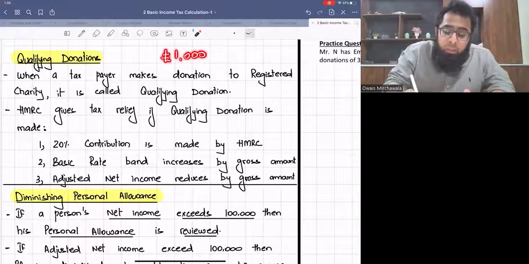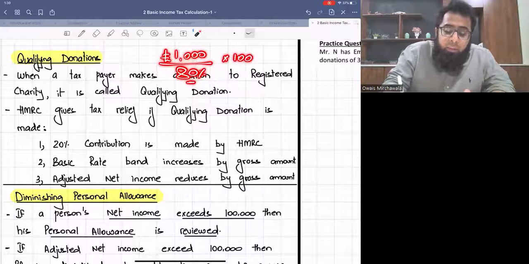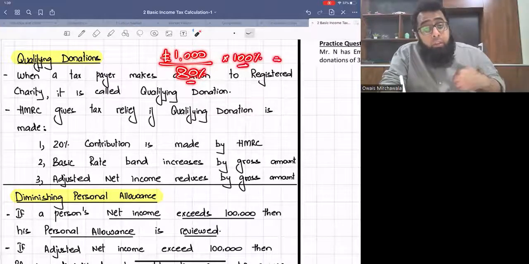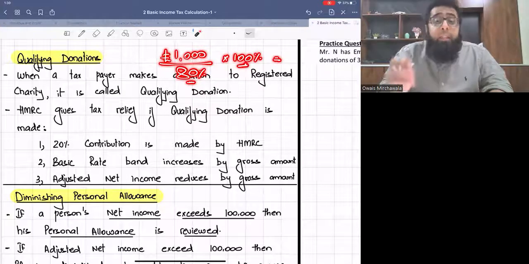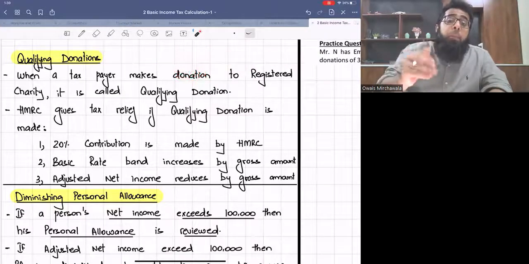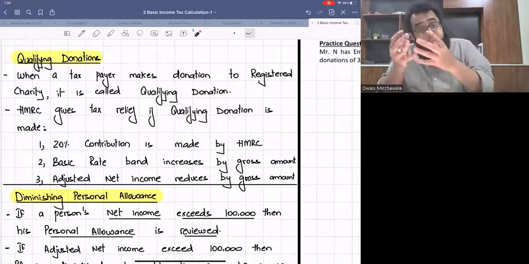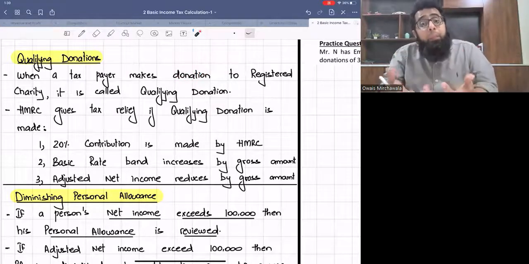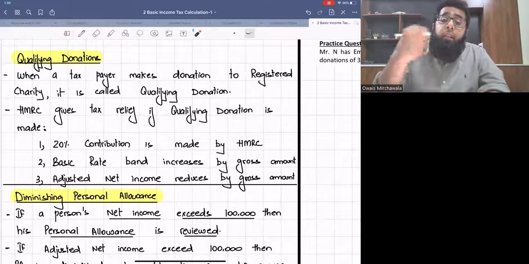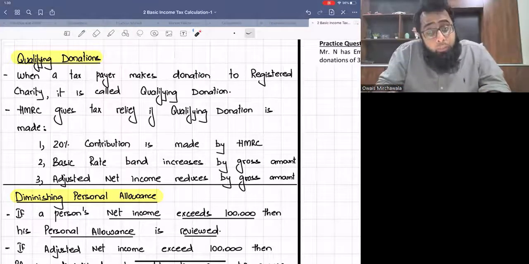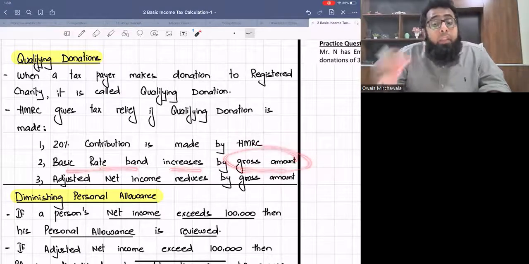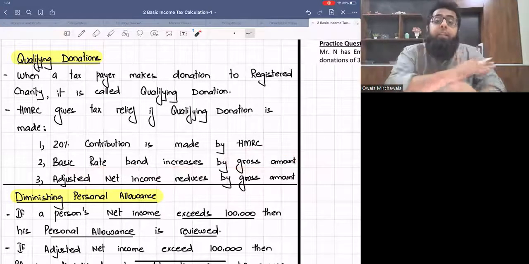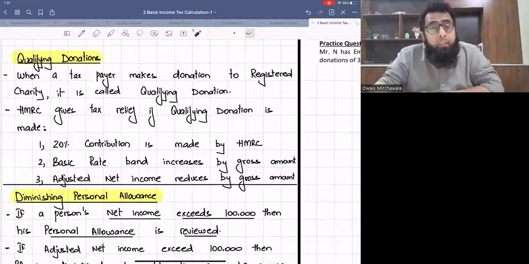They say, okay, your amount is 80%. We will gross it up by 100% because 20% will be our contribution. They contribute 20% on a person's behalf, to encourage people: if you donate, the government will also donate along with you. Your basic rate band is increased by the gross amount, so that a greater amount is taxed at a lower tax rate.